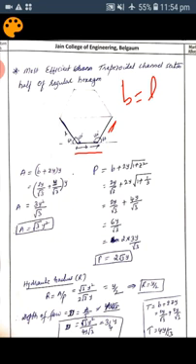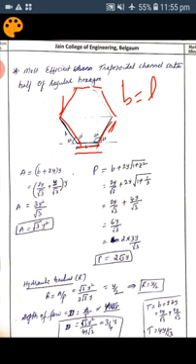Then the most efficient trapezoidal channel section is half of a regular hexagon. Hexagon means 6 sides. So side 1, 2, 3 and 4, 5, 6.